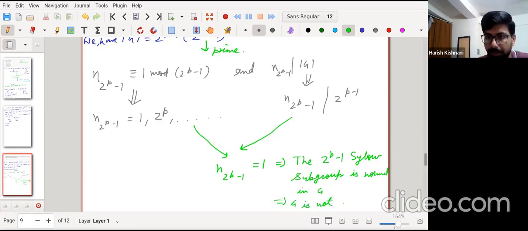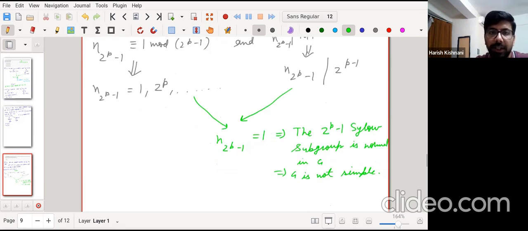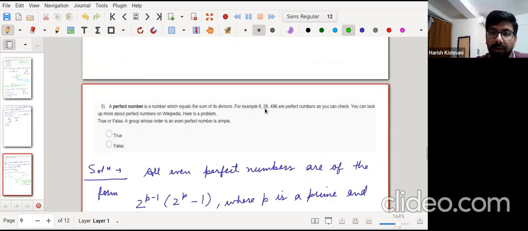So if the order of G is an even perfect number, then G cannot be simple. So if the order of G is 6, then it cannot be simple. If the order of G is 28, then it cannot be simple. If the order of G is 496, then it cannot be simple, and whatever perfect number you can find after 496, it is not going to be simple for any of them.